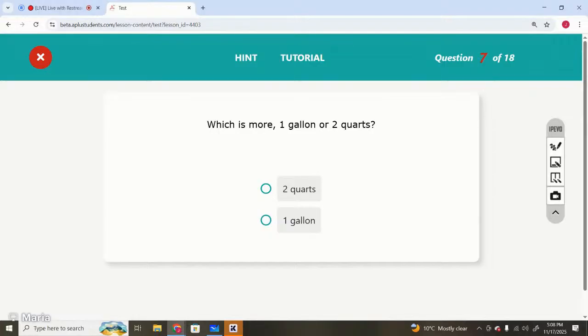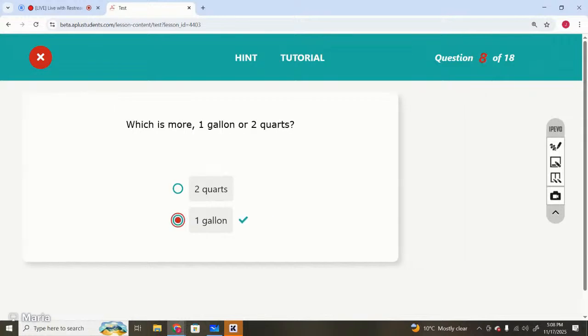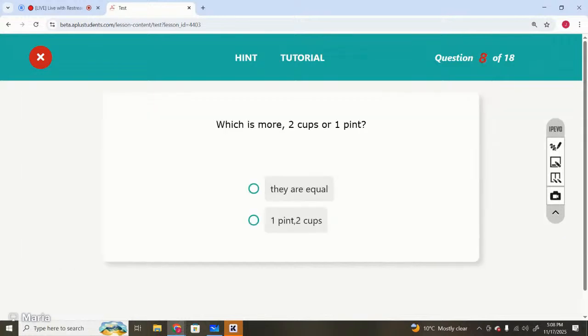Which is more, 1 gallon or 2 quarts? 1 gallon is more than 2 quarts. Option number 2 is the correct option.